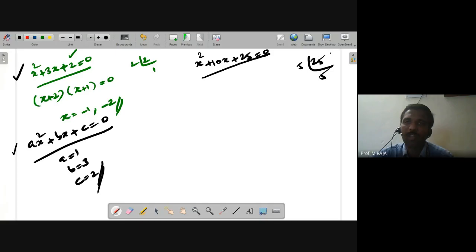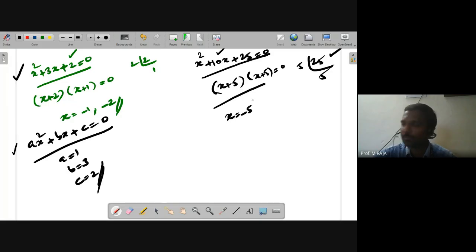Multiplication results in 25, addition results in 10. So this is simply (x plus 5) into (x plus 5), or (x plus 5) whole square is equal to 0, having real as well as equal roots. x is equal to minus 5, x is equal to minus 5.